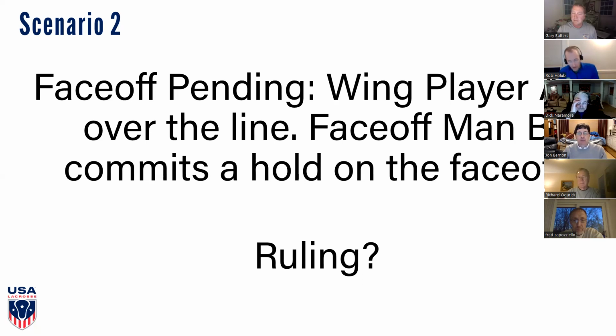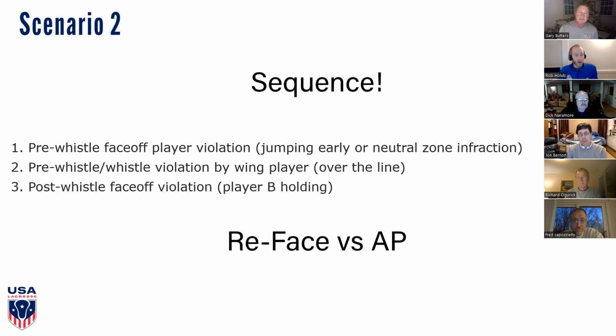If we then go down the route of, right, are we live ball, we can also determine sequence, I think, in my opinion, within this, right? And so on our sequence, we're gonna look at that pre-whistle violation first, right? Again, assuming on the face-off guys, jumping early, neutral zone, right?